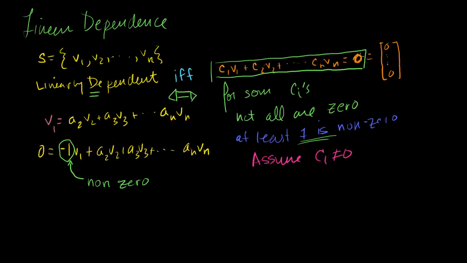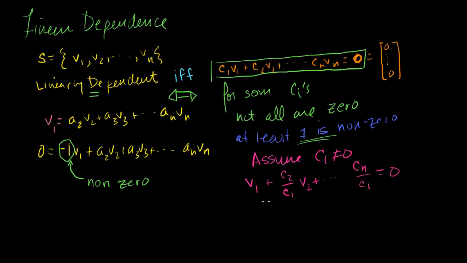If c1 is not equal to 0, then I can just divide both sides of this equation by c1. And what do I get? I get v1 plus c2 over c1 v2, all the way up to cn over c1 vn, is equal to 0.